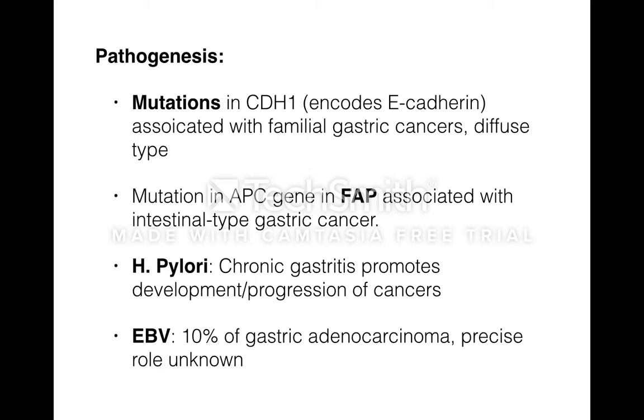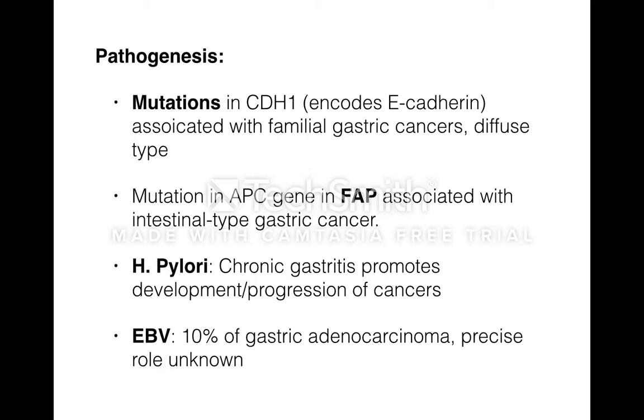For example, germline mutations in CDH1, which encodes the E-cadherin protein that contributes to epithelial intercellular adhesion, are associated with diffuse familial gastric cancers and are in fact found in half of diffuse gastric tumors. Another example is the APC germline mutation in those with FAP.